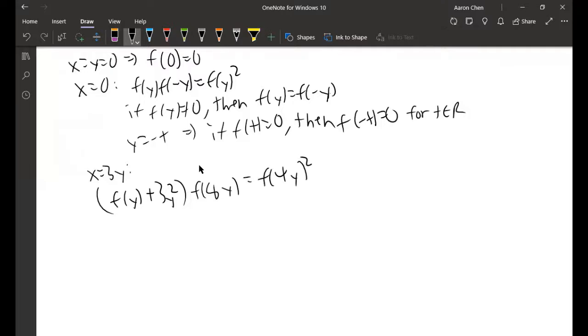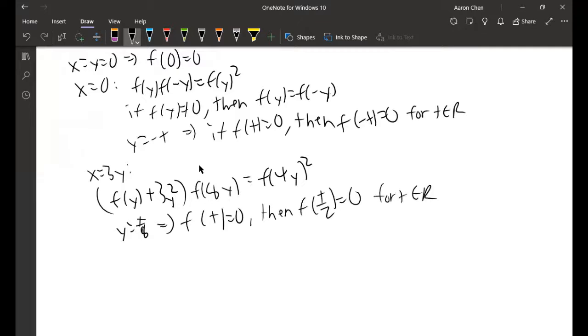And so now if we substitute y equals t over 8, then what we get is that if f of t is equal to 0, then we also have that f of t over 2 is equal to 0 for real t.